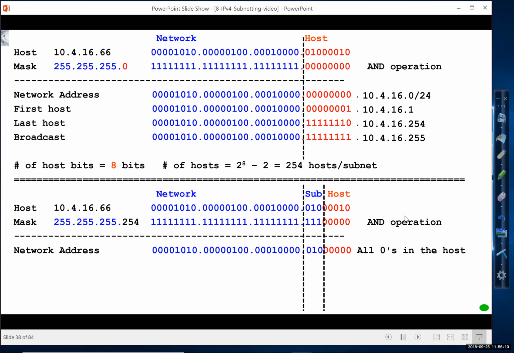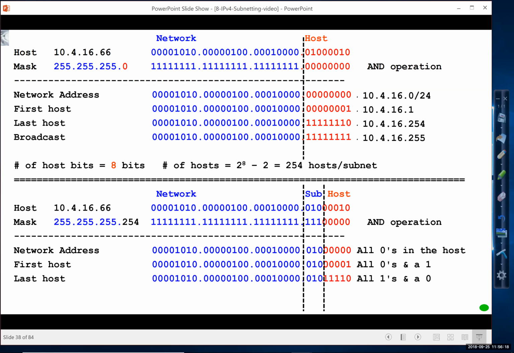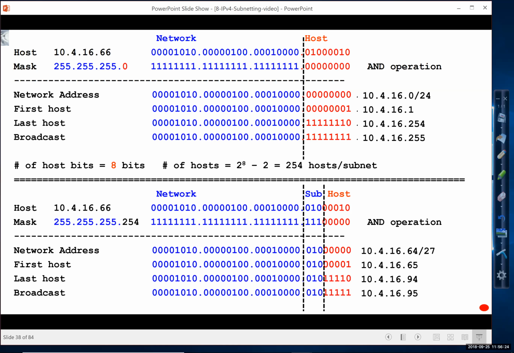We put all zeros in the host portion. That gives us the network address. All zeros and a 1 gives us the first host. All ones and a 0, the last host. All ones, the broadcast. So now we see that this host is a member of the 10.4.16.64 network with a /27 mask.